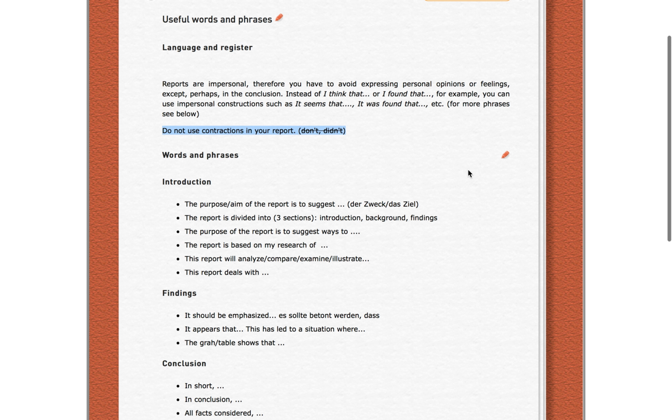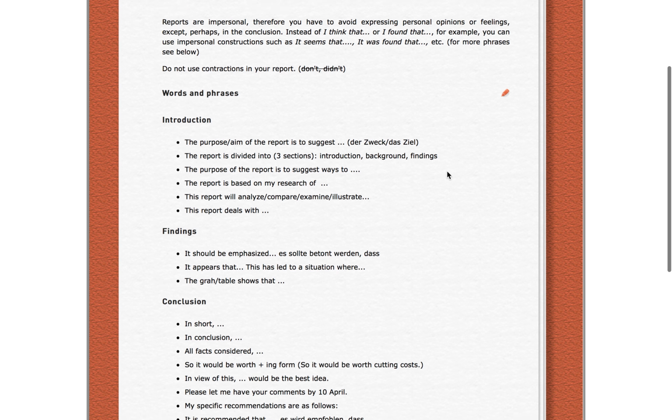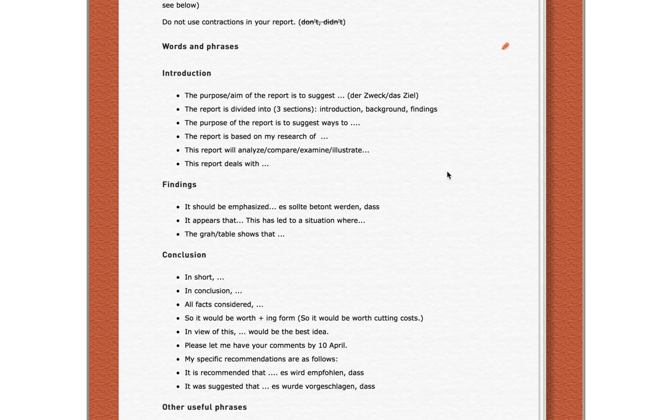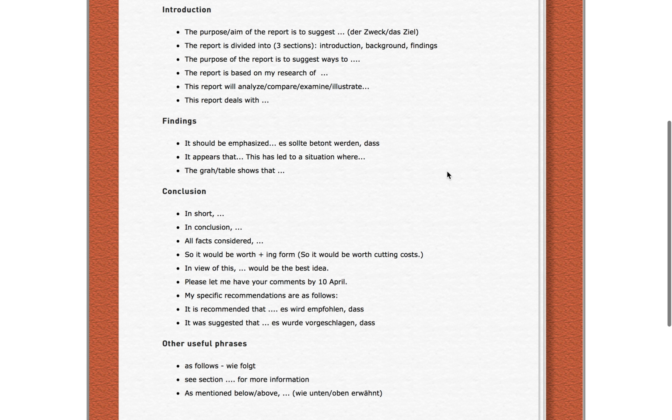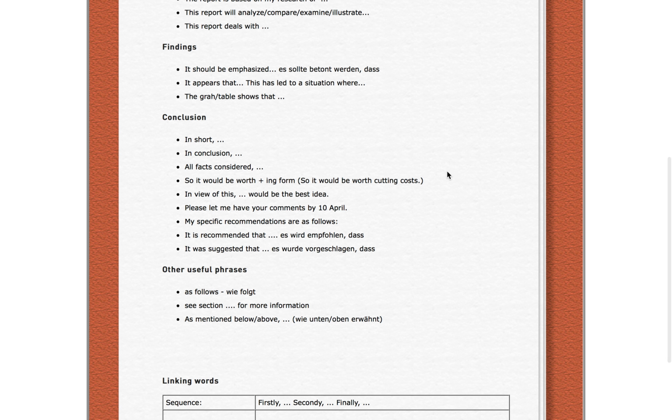Good. Below then you find words and phrases for the introduction, for the findings, and for the conclusion, as well as other useful words and phrases. I've also added some linking words at the end. They are not only useful, of course, for report writing, but for any kind of formal writing.